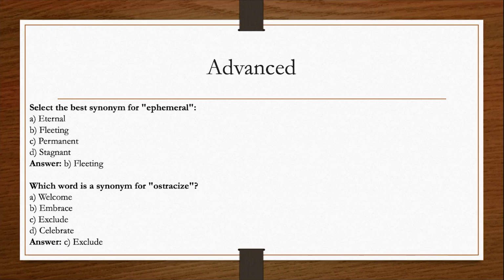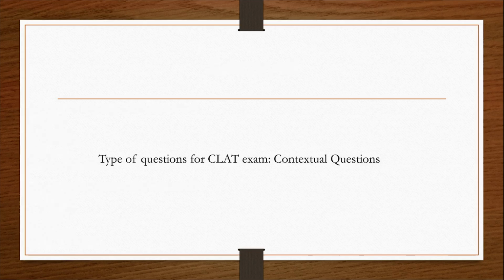At times it could be the nuanced meaning that is being asked. Thinking from a different perspective, you might not catch that idea and end up taking the wrong answer.